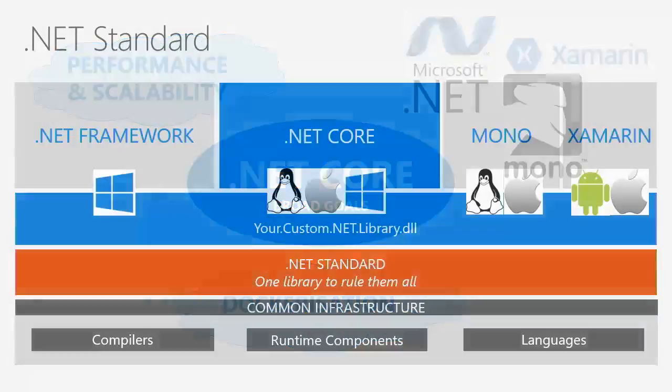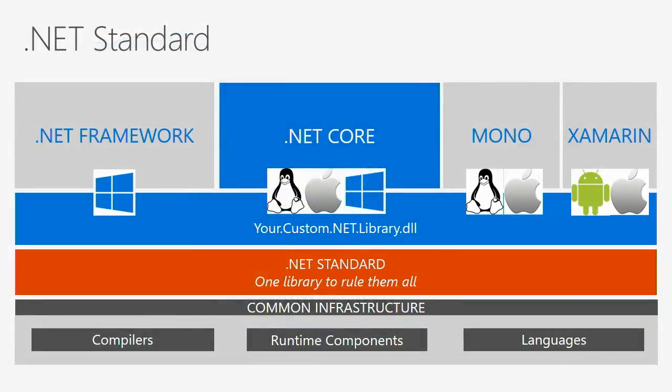And this is how .NET Core can be compatible with the .NET Framework, Xamarin, and Mono through the .NET Standard library. So if you write your custom .NET library DLL using a certain version of the .NET Standard library, your custom .NET library DLL will then be compatible with .NET Framework, .NET Core, Mono, and Xamarin, provided that you've used a certain version of the .NET Standard library which is compatible with them.